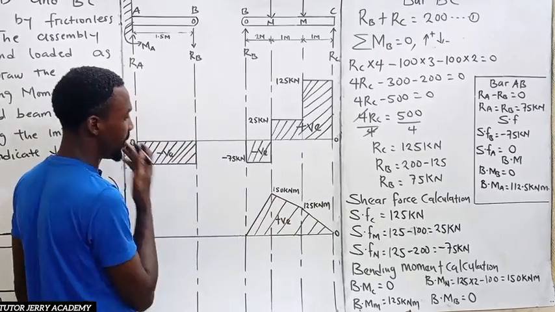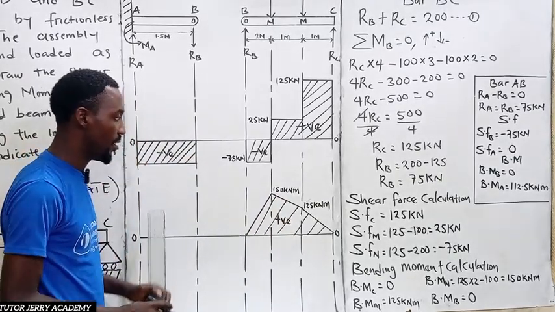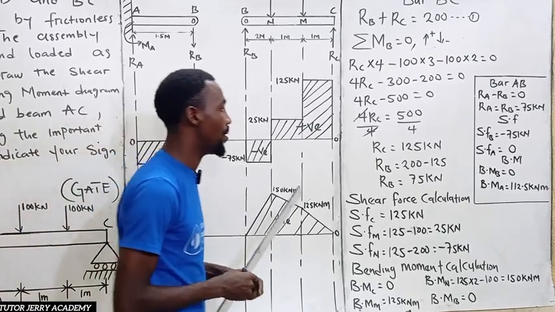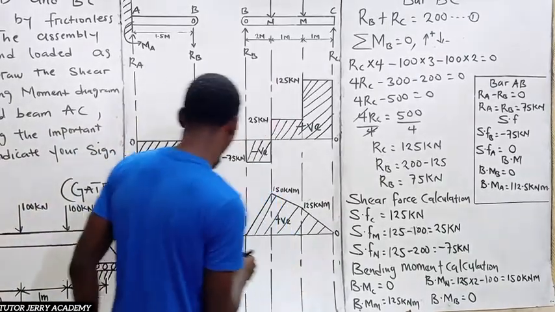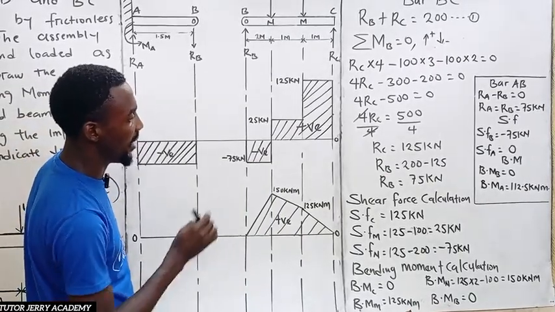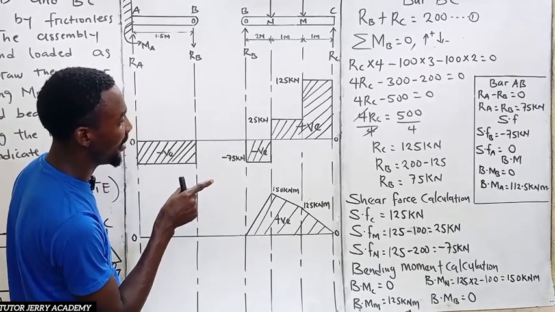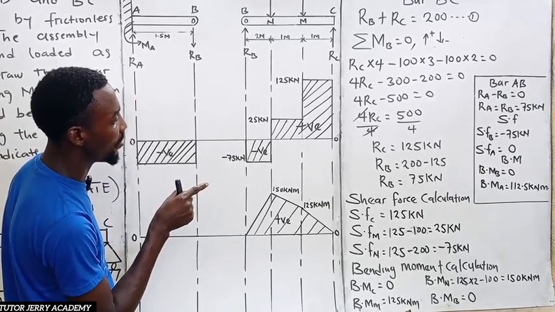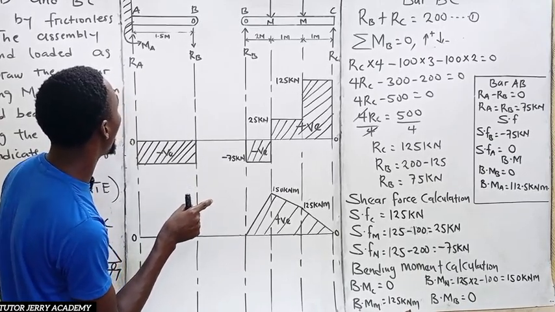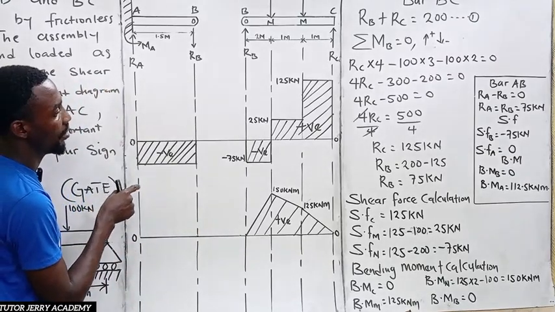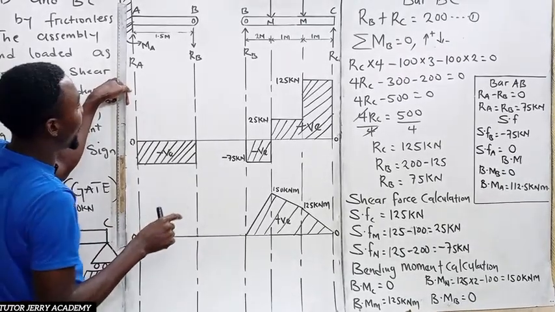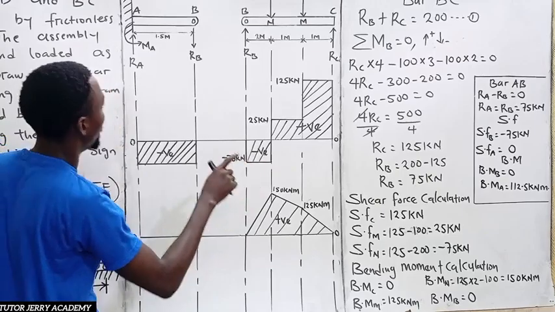All right, so that is it. Now the next thing is for our bar AB. For bar AB, the bending moment at point D is what? 0. So here is 0. And then the bending moment at point A is 112.5. But please, maybe I will omit something here.